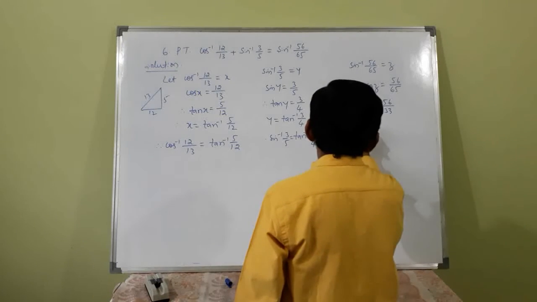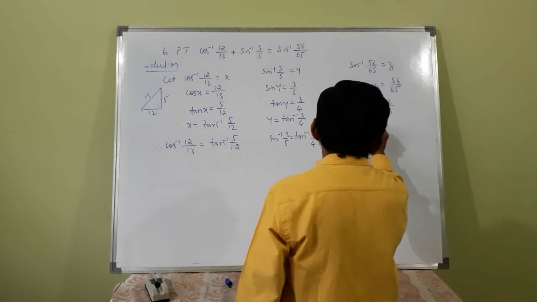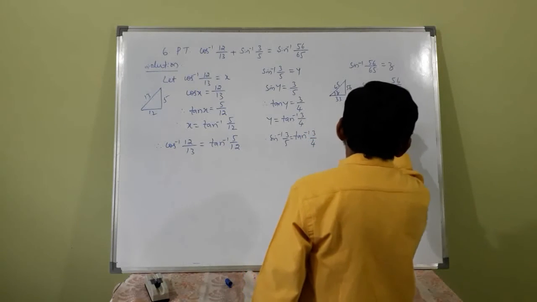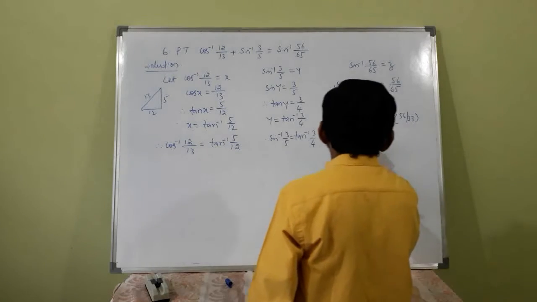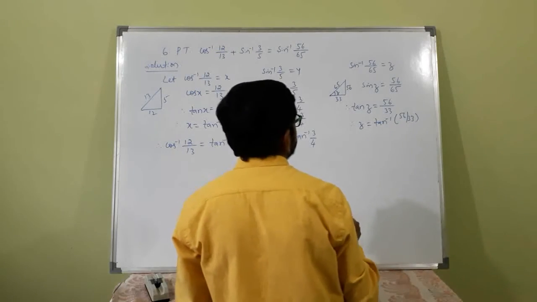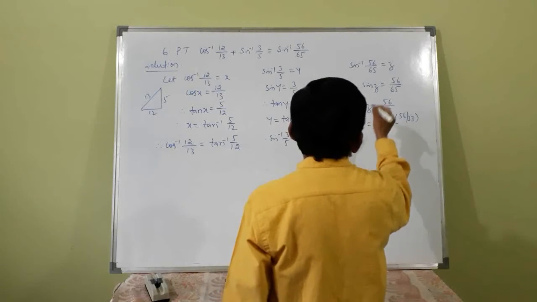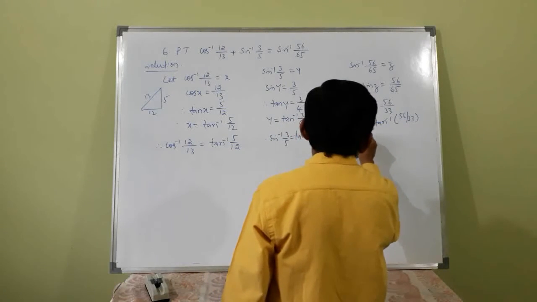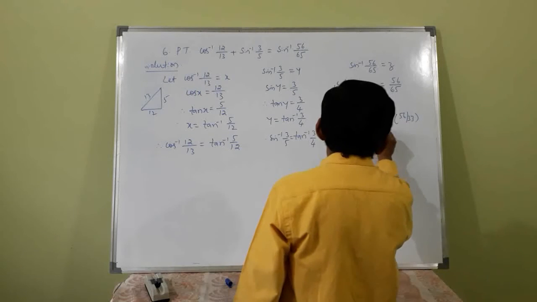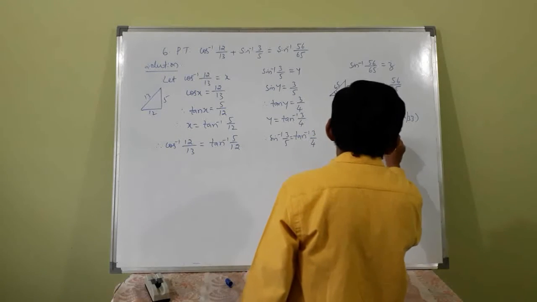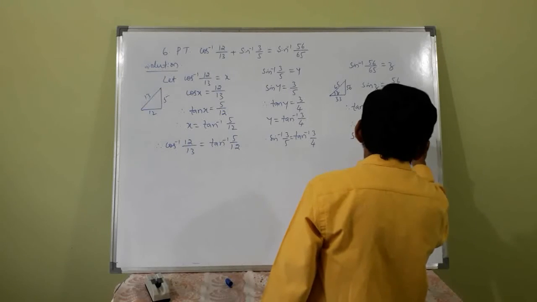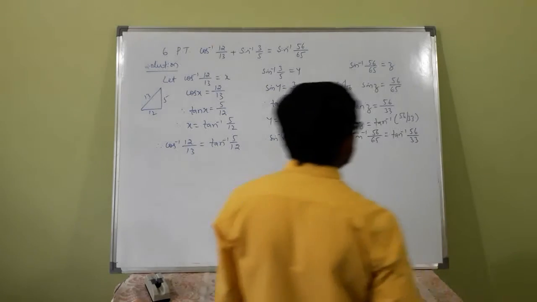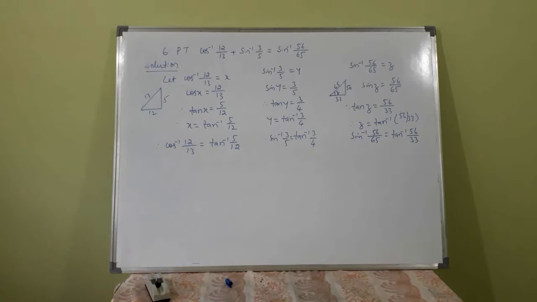Z is equal to tan inverse of 56 by 33 or sin inverse of 56 by 65 is equal to tan inverse of 56 by 33. Now all are converted into this.